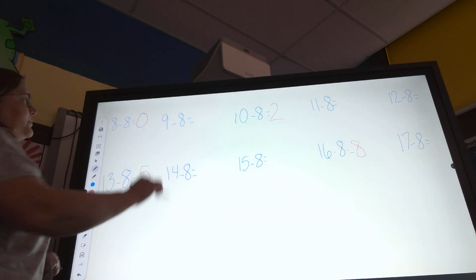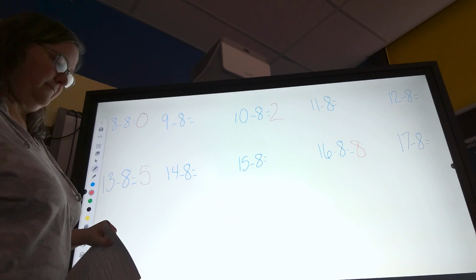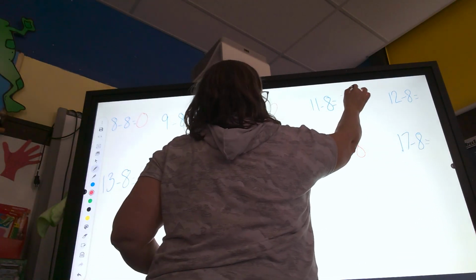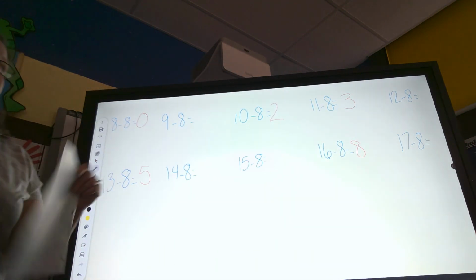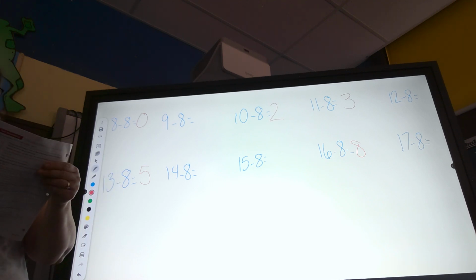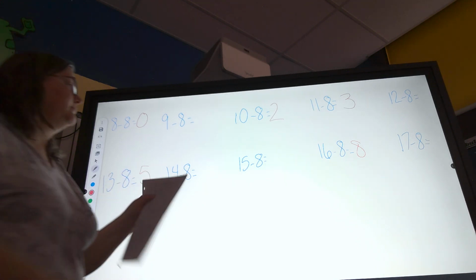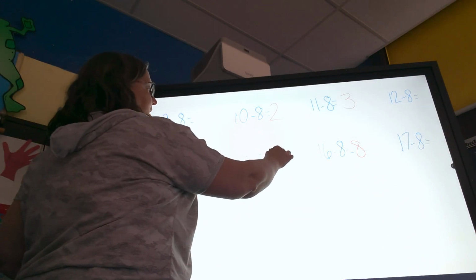Good. Which one of these has a difference of 3? 11 minus 8? Yep. Which of these has a difference of 7? 15 minus 8. 15 minus 8 does equal 7.